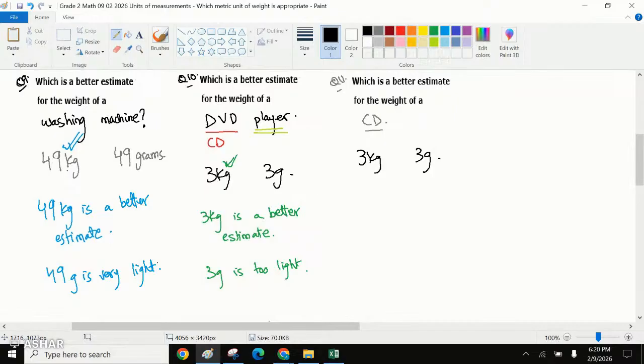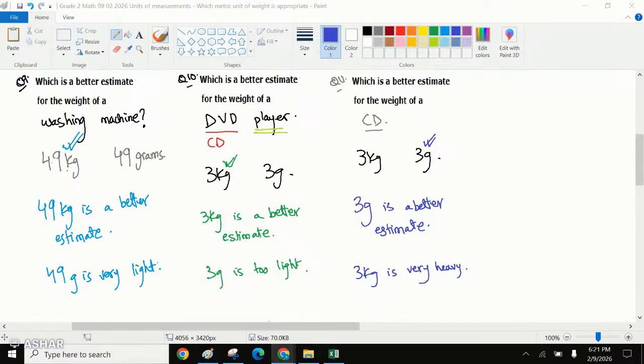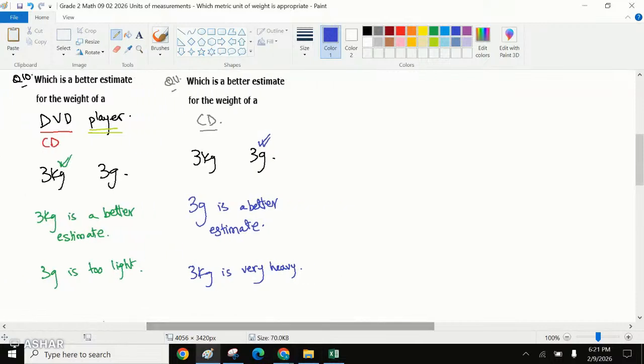That is called the CD. So the CD has to be, yes, thank you, Precious. CD is very lightweight. 3 grams is a better estimate for a CD, while 3 kilogram is very heavy. Okay. The technology changes with time, and mostly like 90% of you would not have seen that, right? Very rare. But you can always ask an elder if they have, so you would know what exactly is a CD, right?